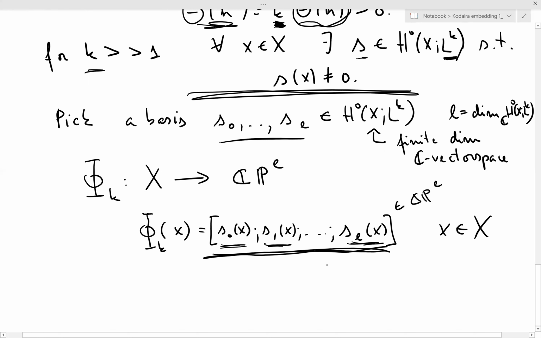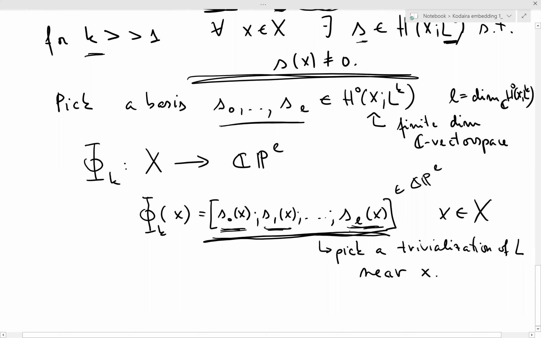Well, what you do is pick a trivialization of L near x, and then you look at each of these global sections in that specific trivialization.